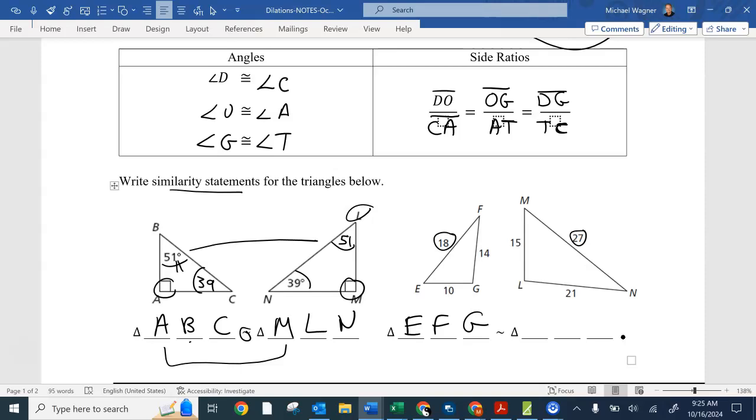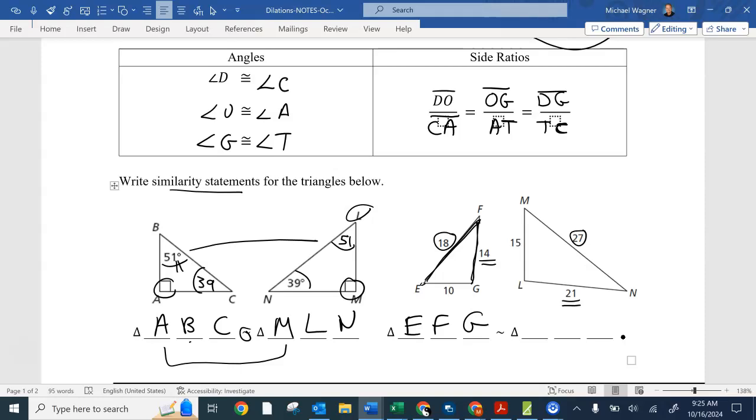And then the second biggest side would be what? Let's say 21 is the second biggest. I'll underline the second biggest side. So I'm going to start with the letter E, go through the biggest side to F, and then go down the second biggest side to G. So first the biggest side, second biggest side.